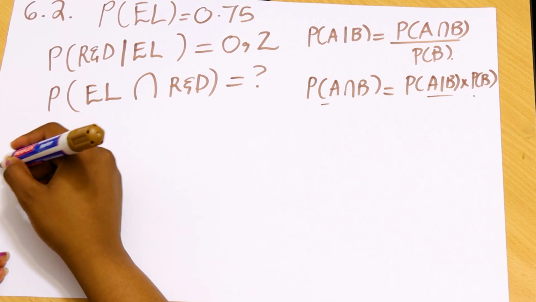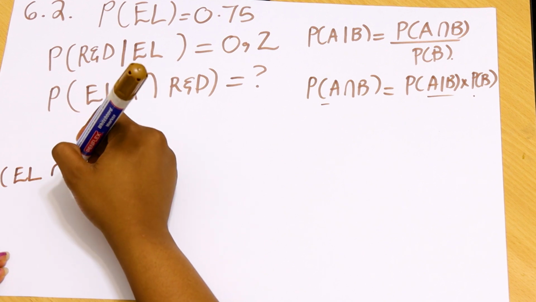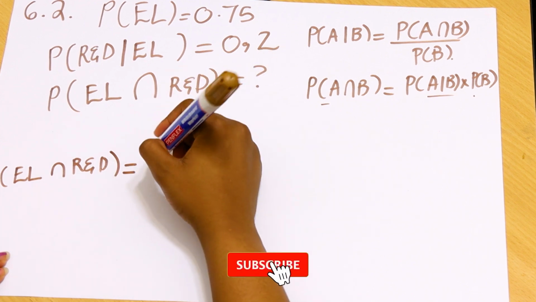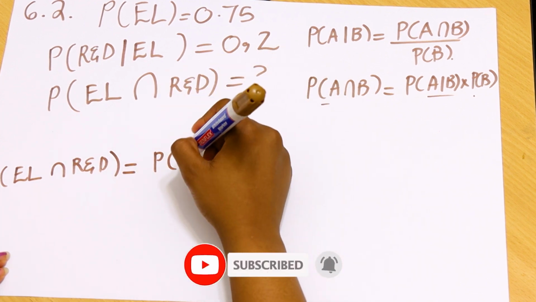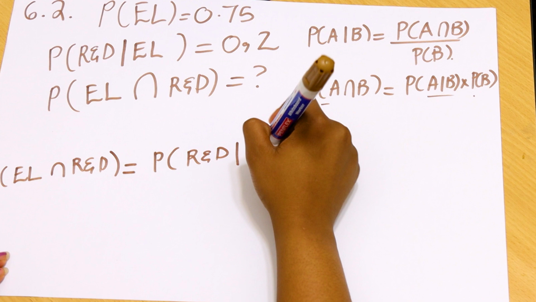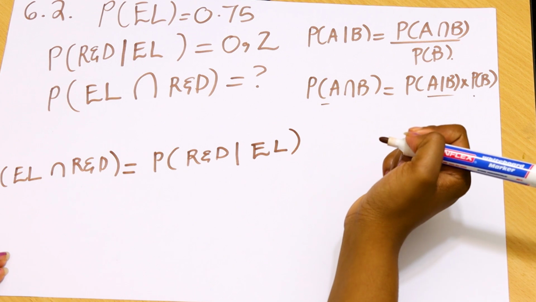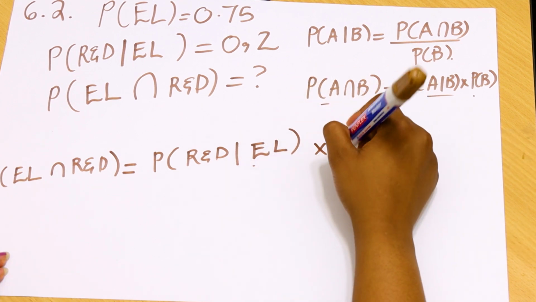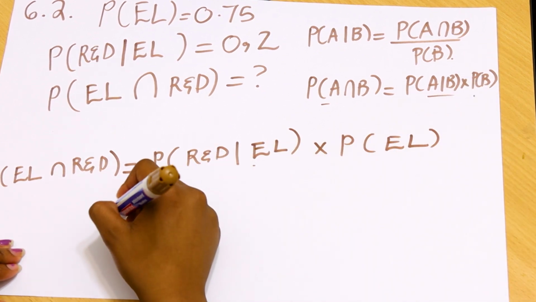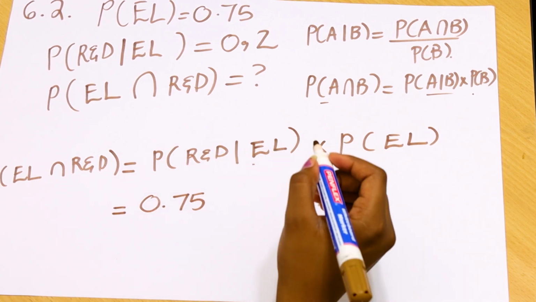So it means the probability that the person lives in East London and works for the R&D department is going to be the probability that they work for R&D given that they are from East London, right? That is the condition, multiplied by the probability that they're from East London. So that would be 0.75. Oh, EL is 0.75.